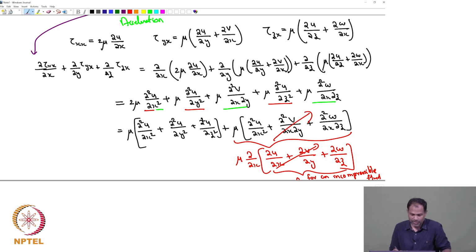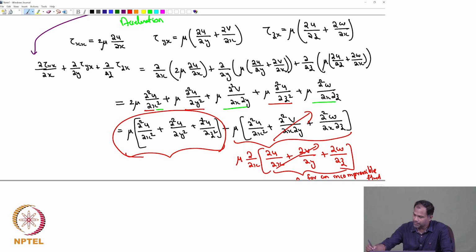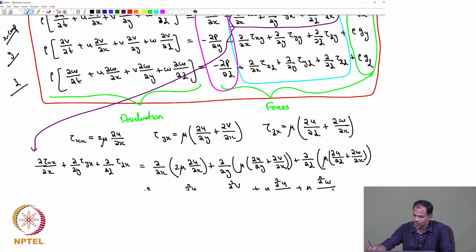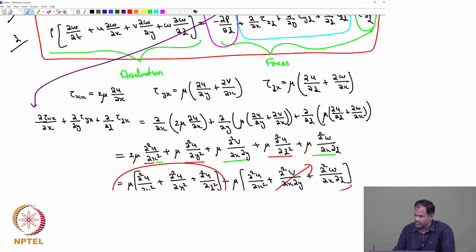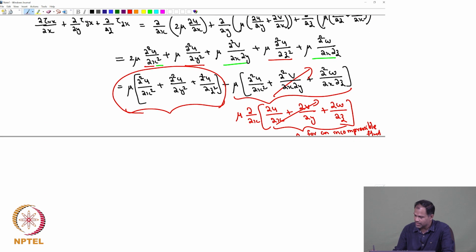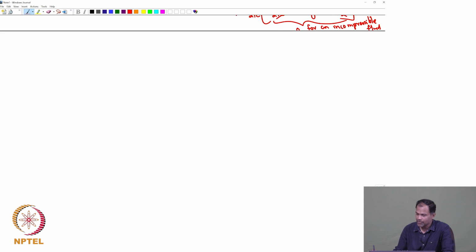So what I wanted to tell you is that the right hand side of the equations that we derived essentially simplifies into this particular form, and therefore I can substitute that back into the equations that we derived. So the one that you are seeing in this purple color we can now replace, and we can do that for other equations as well, and then the equations simplify further.